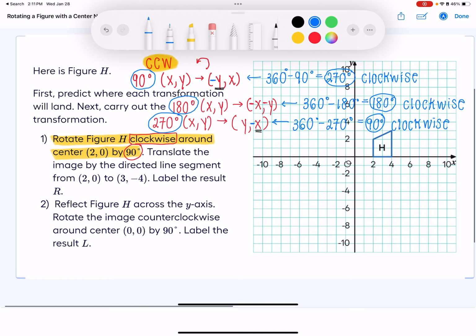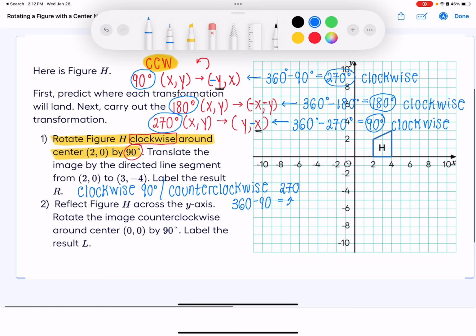All right, so remember we're only focusing on rotating figure H clockwise around the center (2, 0) by 90 degrees first. Now clockwise 90 degrees is the same thing as counterclockwise 360 minus that 90, which is equal to 270.